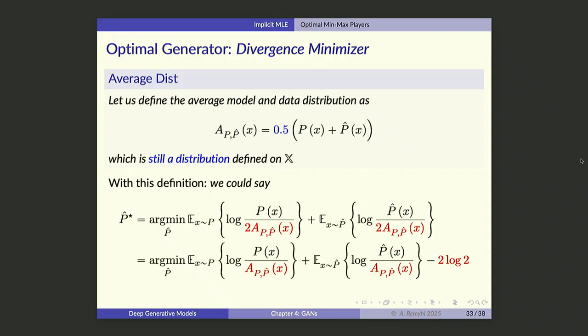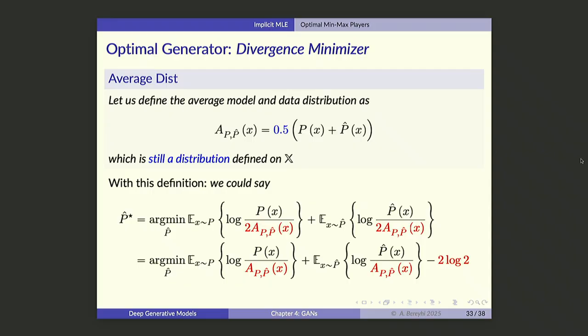I keep P over average distribution, P hat over average distribution, minus 2 log 2, right? And that 2 log 2 is not going to show up in the minimization, so I can forget about that one as well. Correct? So I have P hat a star to be the minimizer of this expression.